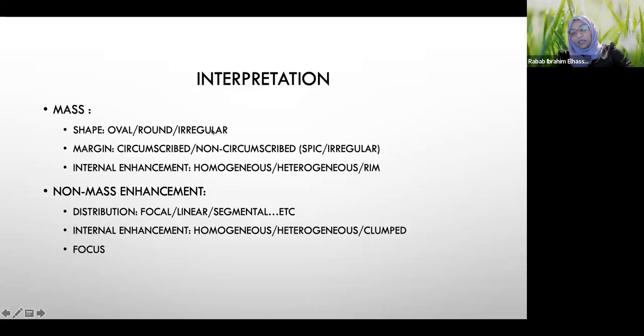As I said, same descriptors of the MRI. For non-mass enhancement, we describe its distribution, whether it's focal, linear, segmental, or diffuse, and how the internal enhancement looks. And then there is the focus of enhancement, a very small focus of enhancement, less than 5 millimeters, which might not represent a 3D lesion.